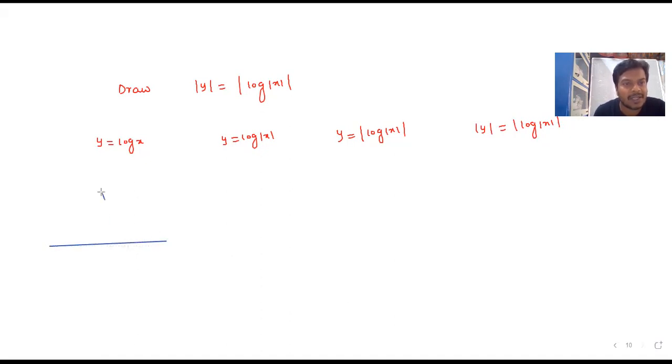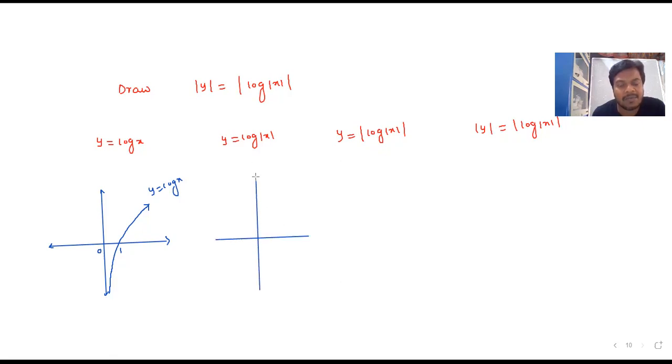we know the graph of y equal to log x, that is an increasing graph, and the graph exists like this. This is y equal to log x. This is 1 and this is 0. Next, log of mod x. Since you have mod x, the same portion of the graph which exists on the right side as it is, that exists for negative values also.